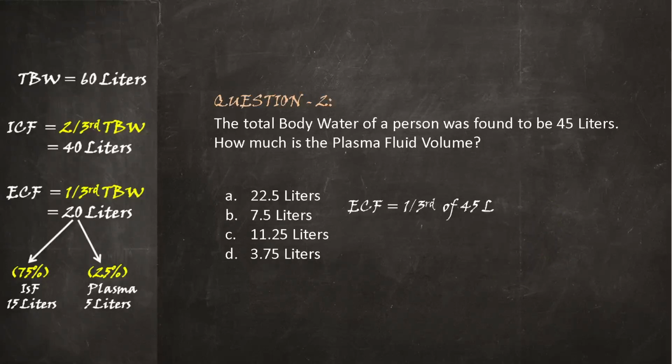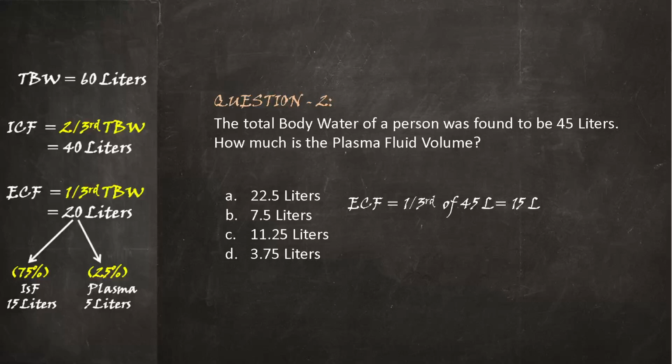Here is the solution for you. We know extracellular fluid is equal to one-third of the total body water. That is one-third of 45 liters in this case, which equals 15 liters.